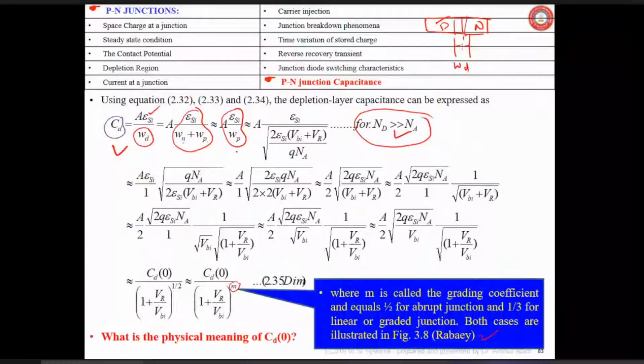This WP, which we derived earlier in third semester, is 2 epsilon Si within parenthesis VBI plus VR by QNA, where VBI is the built-in potential and VR is the reverse bias applied across this PN junction. The built-in potential VBI is about 0.7 volt in normal silicon diodes, though that may depend on biasing.